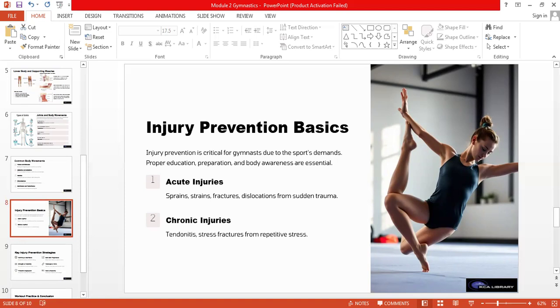When we talk about injuries, we have acute injuries and we also have chronic injuries. Acute injuries are sprains, strains, fractures, and dislocations from sudden trauma. For chronic injuries, we have tendonitis and stress fractures from repetitive stress.